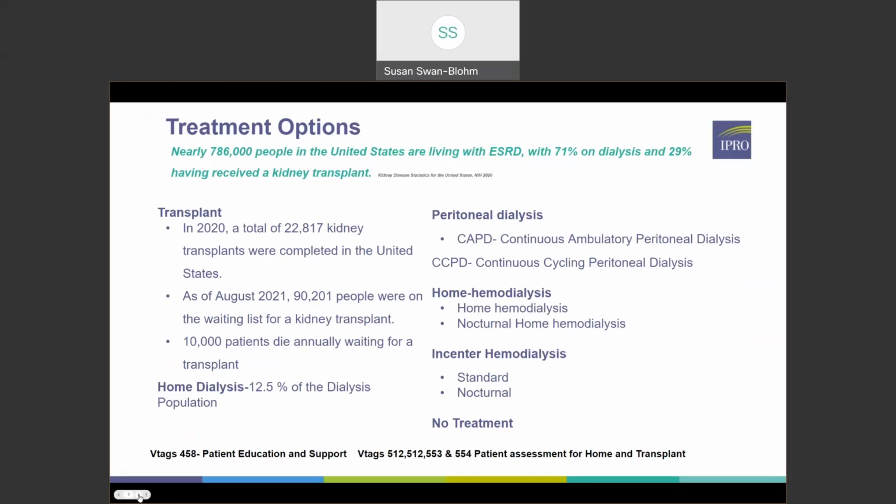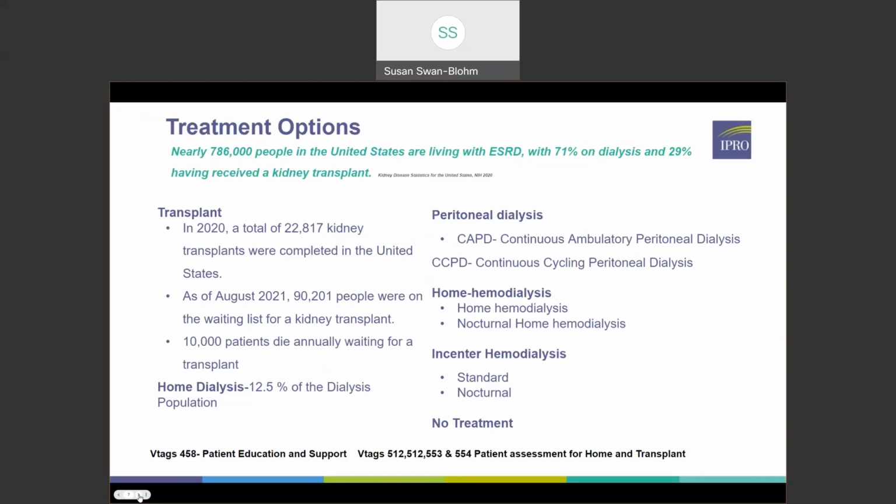Home hemodialysis offers two options as well: home hemodialysis and nocturnal home hemodialysis. Both of these hemodialysis options use a compact machine which provides the treatment and makes medical-grade water necessary for dialysis. The patient and/or caregiver are trained on setup, use, and troubleshooting of the equipment needed.